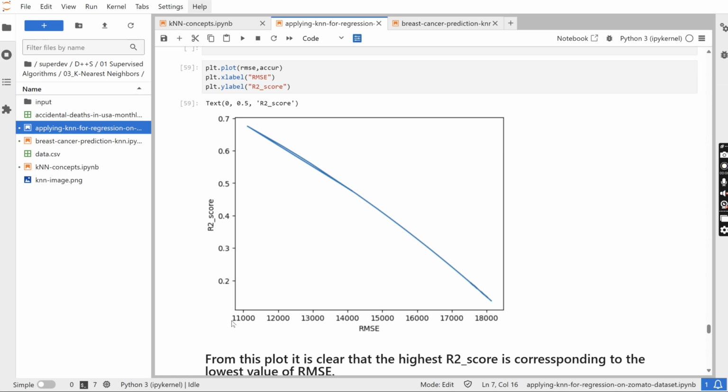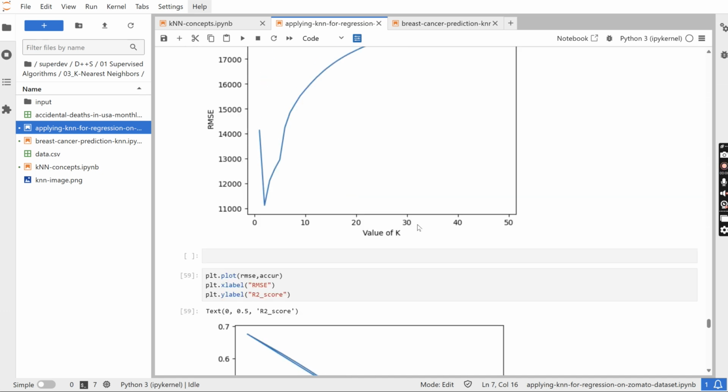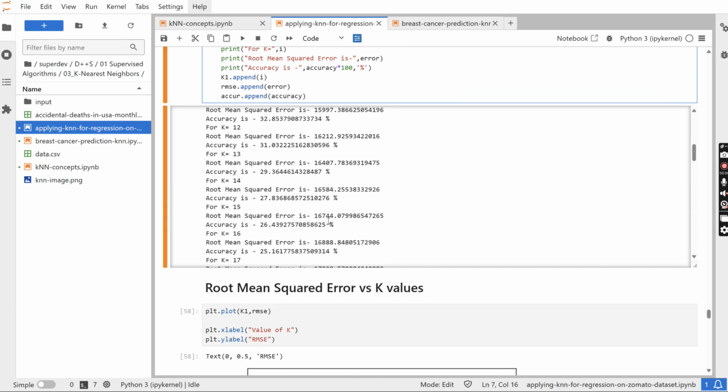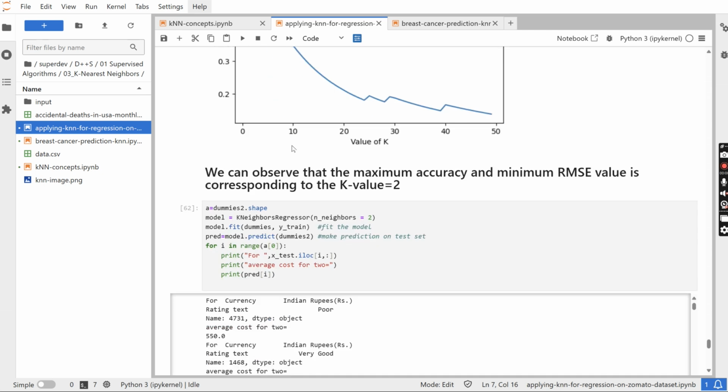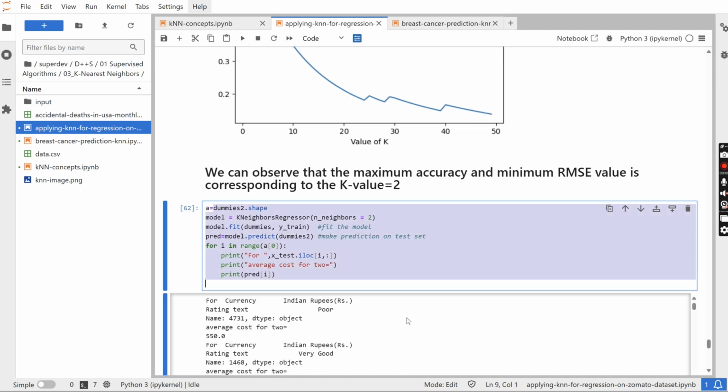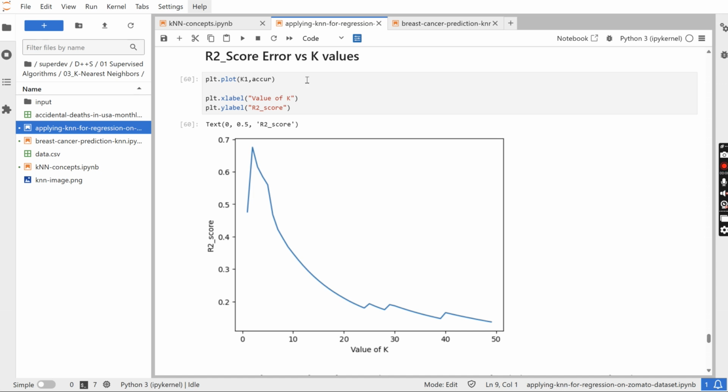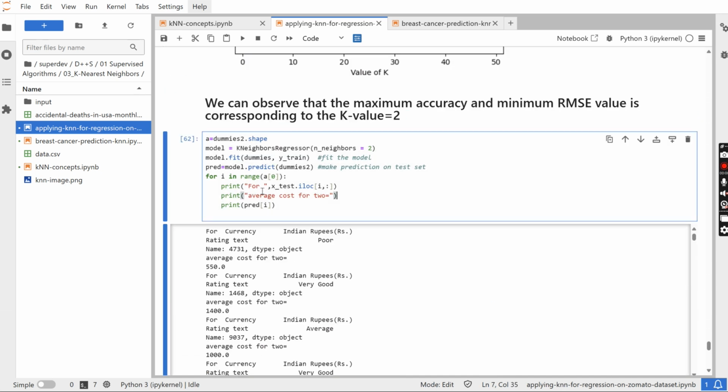It should be closer to the actual y values, which is 100 to 1000. In that range, what is your r squared? That is what should have been the case, but it looks like KNN is not the right kind of algorithm we should use for the Zomato problem. But anyway, because we are trying to understand, we are using it. So let's move on.